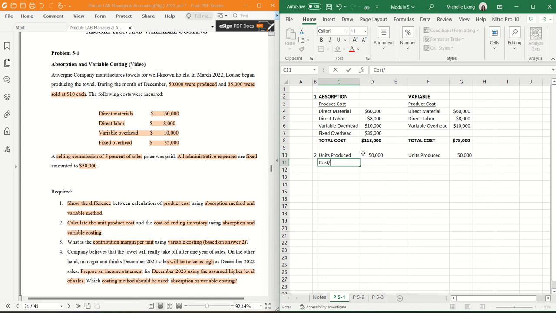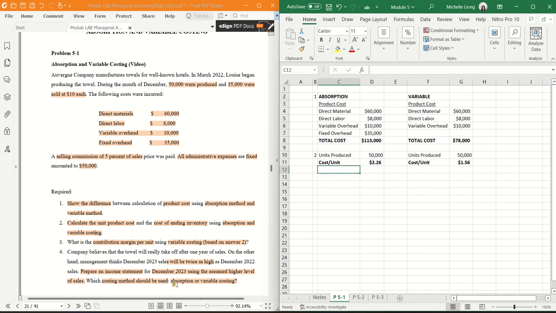So the cost per unit is just 113 divided by 50. As simple as that. Same as this, 78,000 divided by 50. We get 2.26 and 1.56.